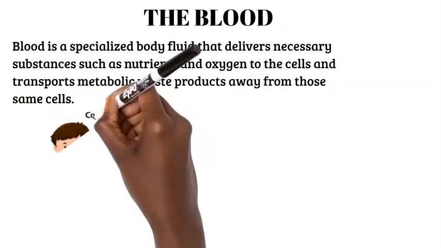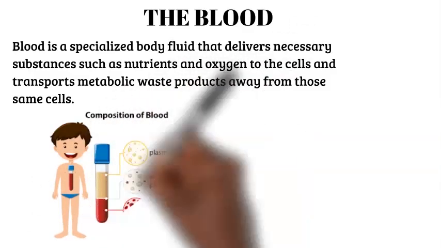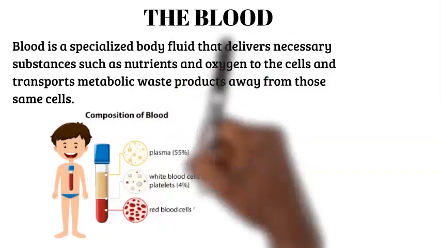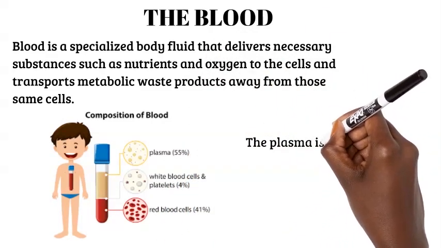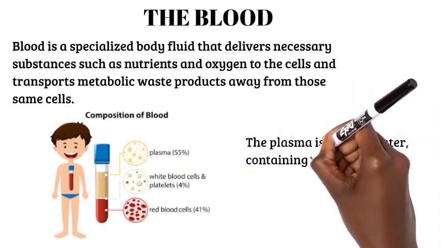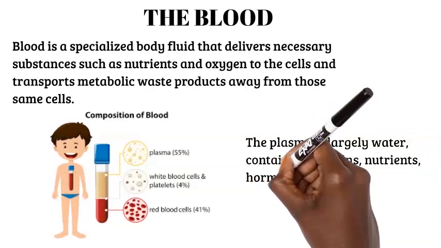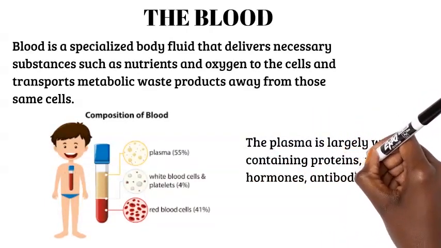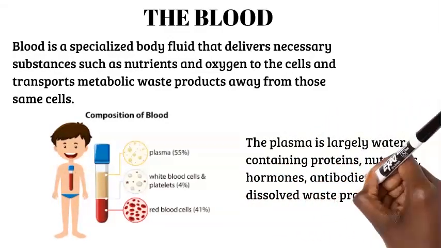Blood is made up of 45% cells or solids and 55% plasma or fluids. The plasma is largely water, which contains proteins, nutrients, hormones, antibodies, and dissolved waste products.